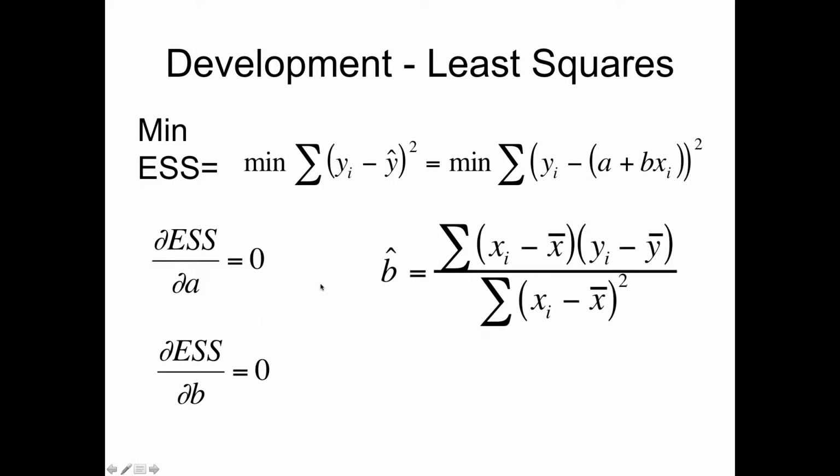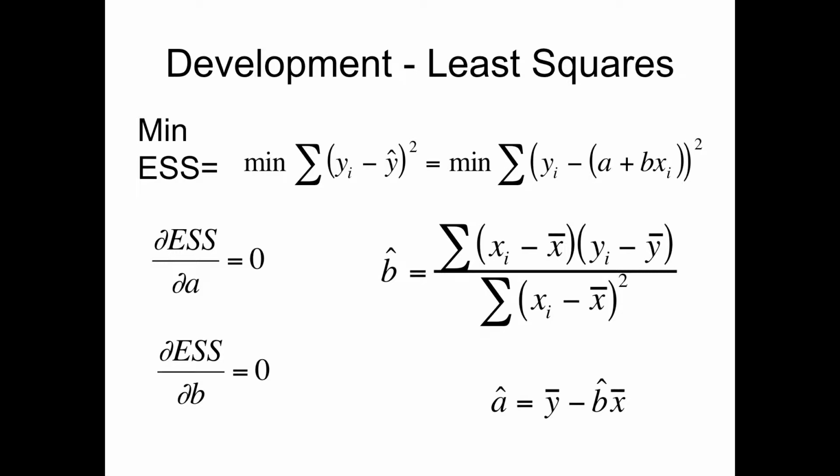So with two equations and two unknowns, we can find the equation of the slope in terms of x's and y's, given data. And then plugging that back into the equations, we can find the equation for the y-intercept, which happens to be this. And that's it. That's pretty much least squares.